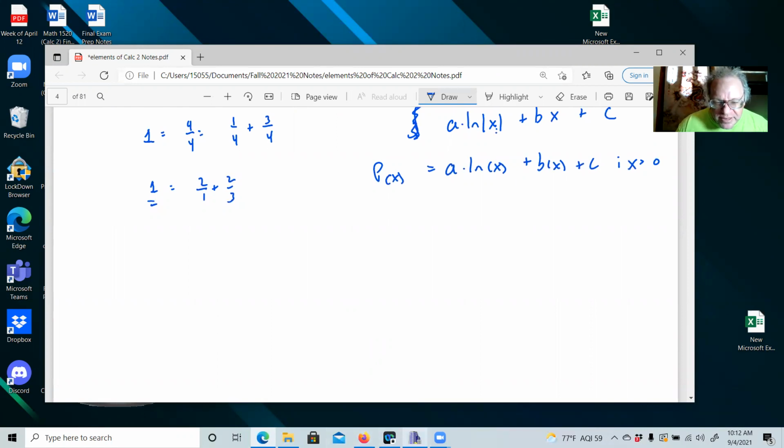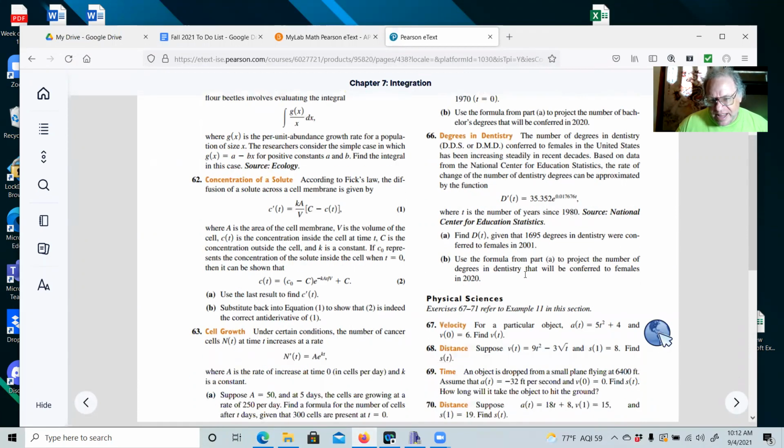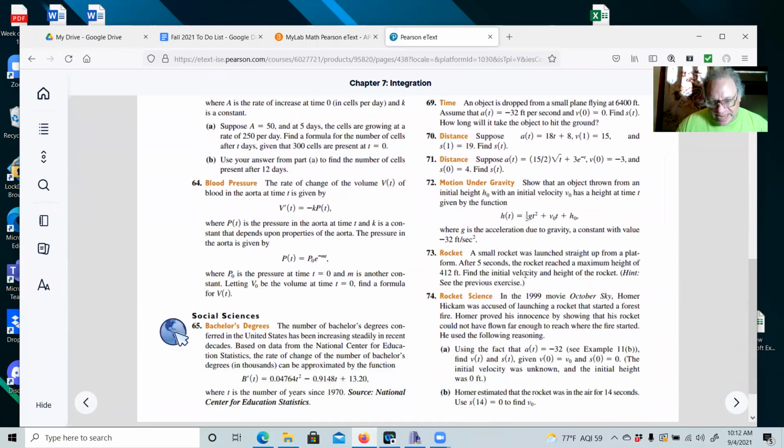In my experience, most of the students that take this class are either chemistry or biology or something like that. It is rare for business people to take elements of Calc 2.